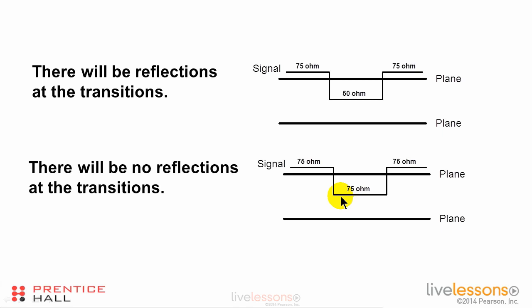Maybe the distance to the plane, maybe the relative dielectric coefficient. So if we do that, if we go from one layer to another and we're changing one parameter, then in order to keep the same relationship, we might have to change some other parameters. So it's not unusual that if we go from this layer to this layer, the trace width has to change in order to maintain the same impedance on the two different layers.